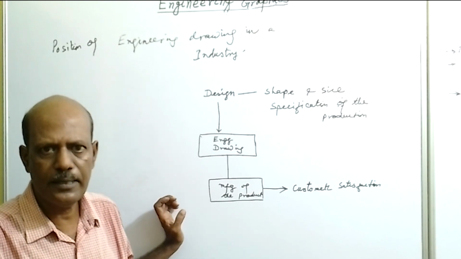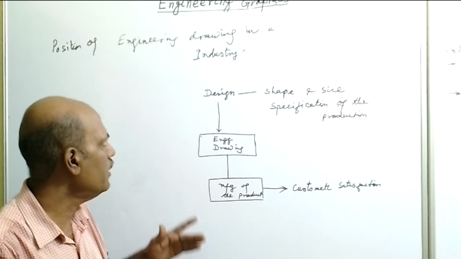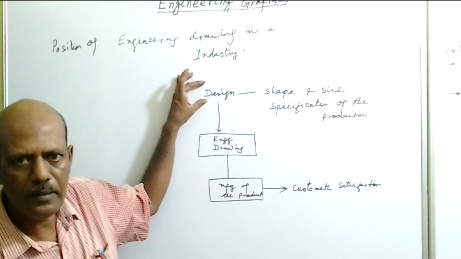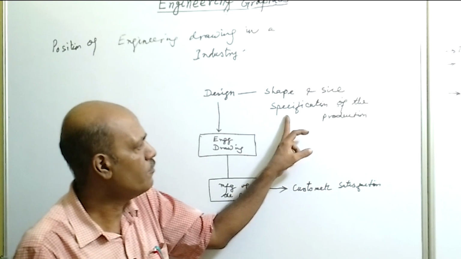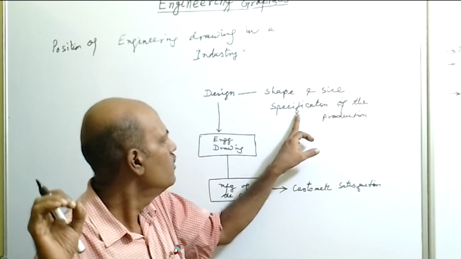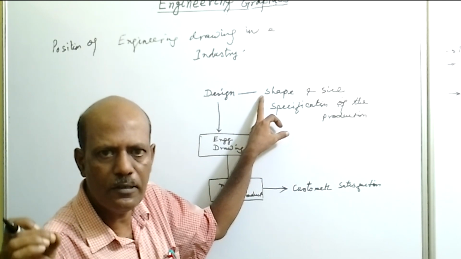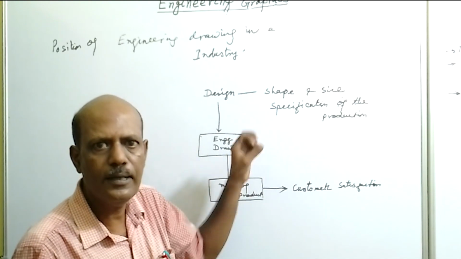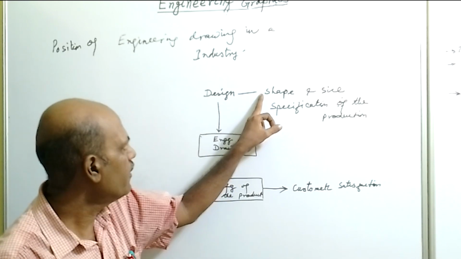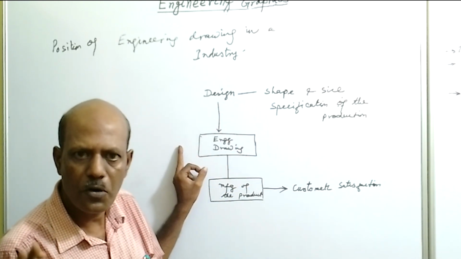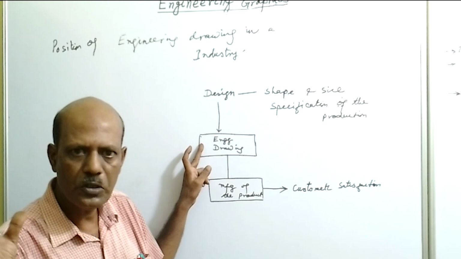Whenever there is a need or a problem in society, the design team will work on that, and the concept of the product is developed. After that concept, the design department will decide the shape and size of the product so that it will solve the problem, and then that specification will go to the drawing department, which will draw the product on a sheet of paper.